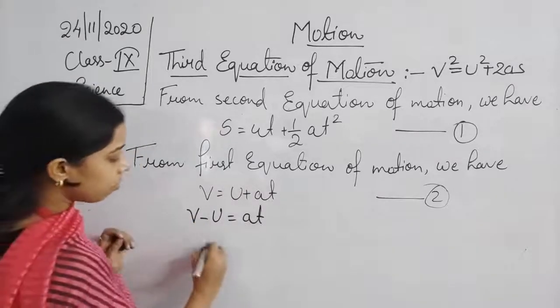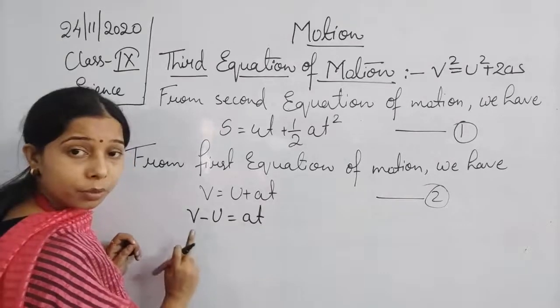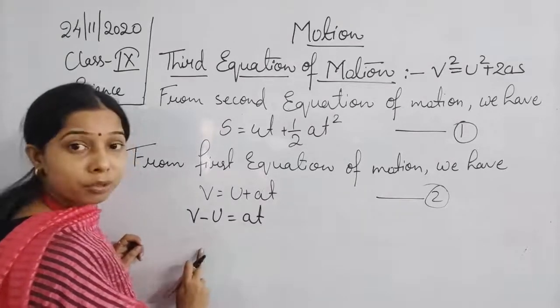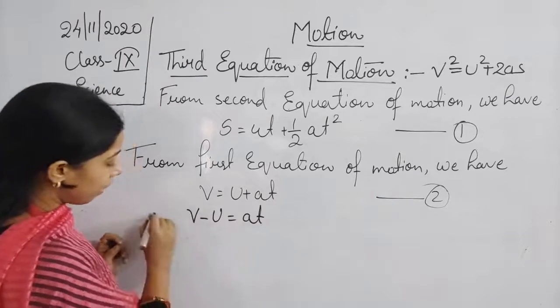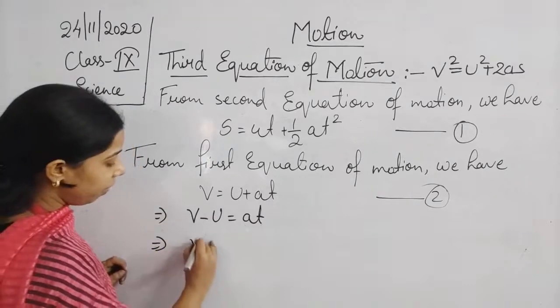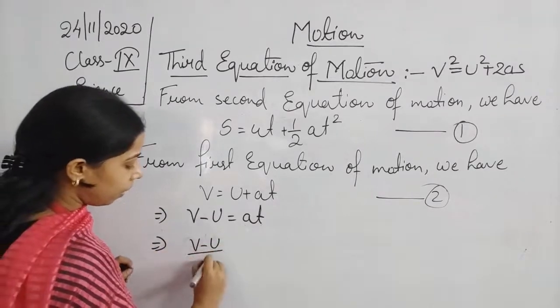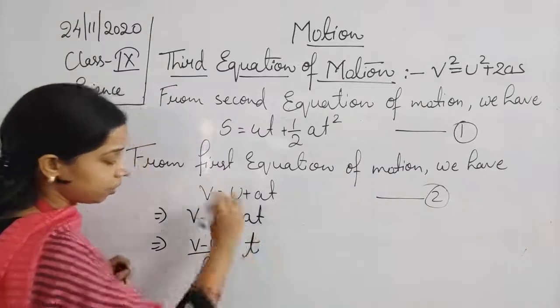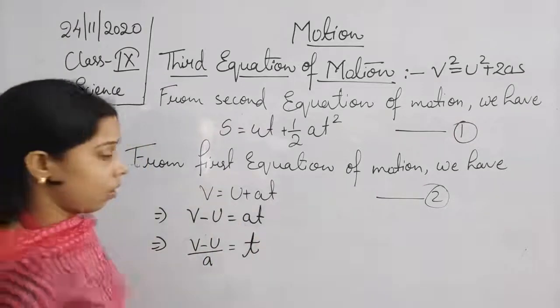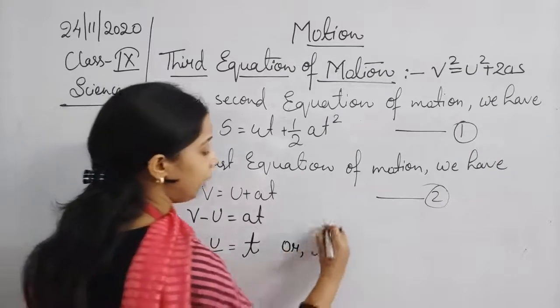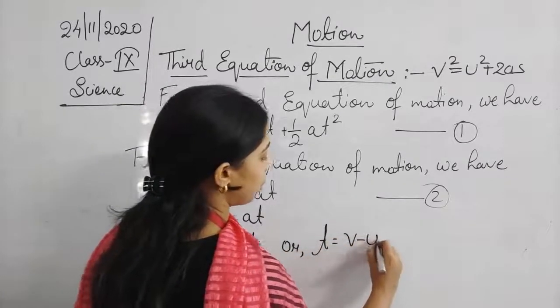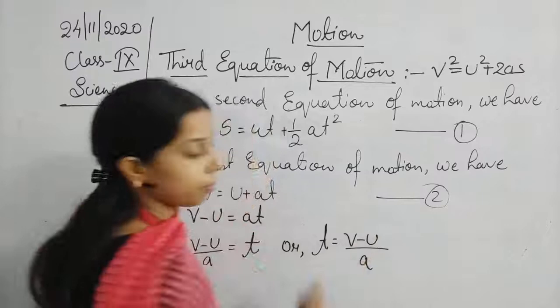Or we can also write that this a, when it comes to this side, goes to the denominator side. So we write (v minus u) upon a = t. Or t = (v minus u) upon a.